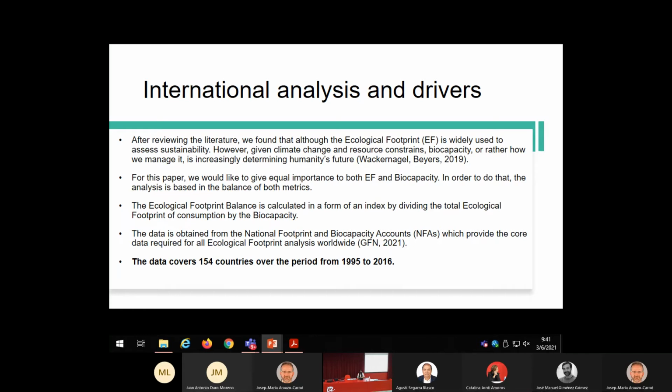The data is obtained from the national footprint and biocapacity accounts. It's available online, and it's for about 200 countries. And in this paper, I'm going to do it for 154 countries from 1995 to 2016.